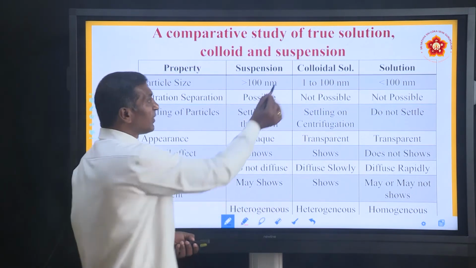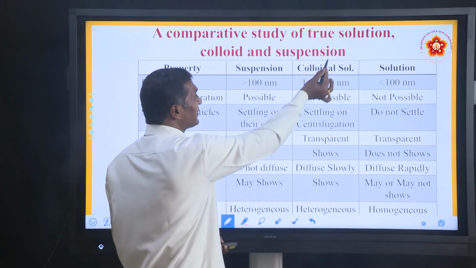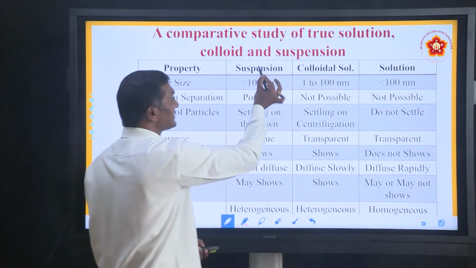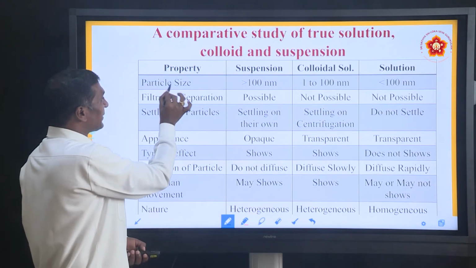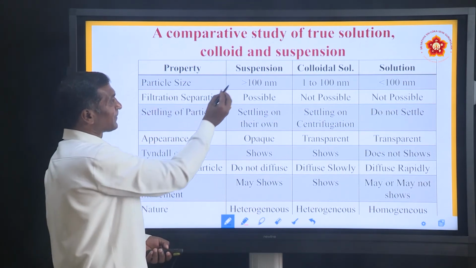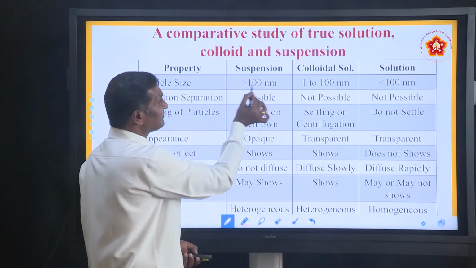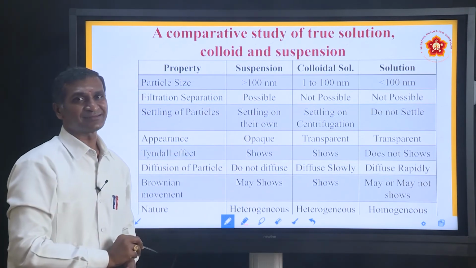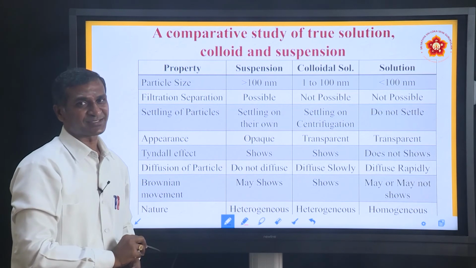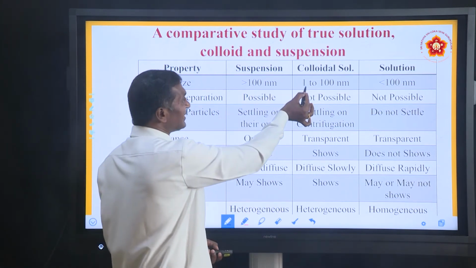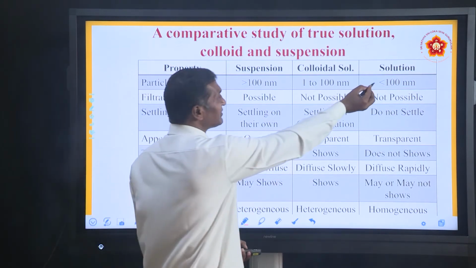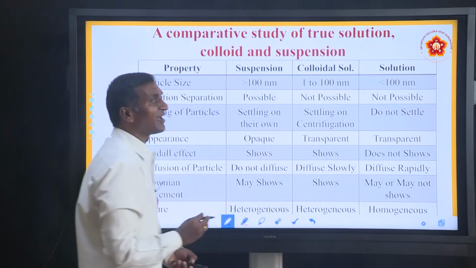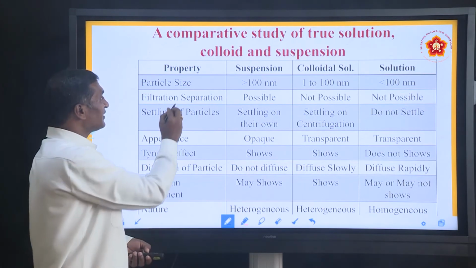Colloid is an intermediate between a solution and a suspension. If you observe the particle size, in suspension it is greater than 100 nanometers. In colloids it is from 1 to 100 nanometers. In solution it is less than 1 nanometer.